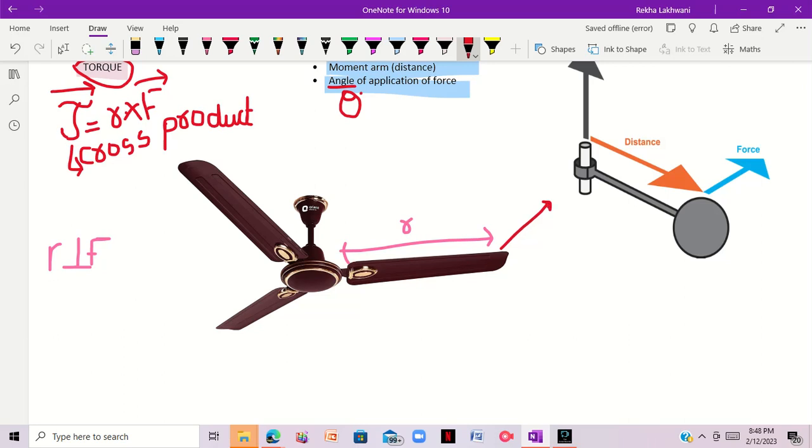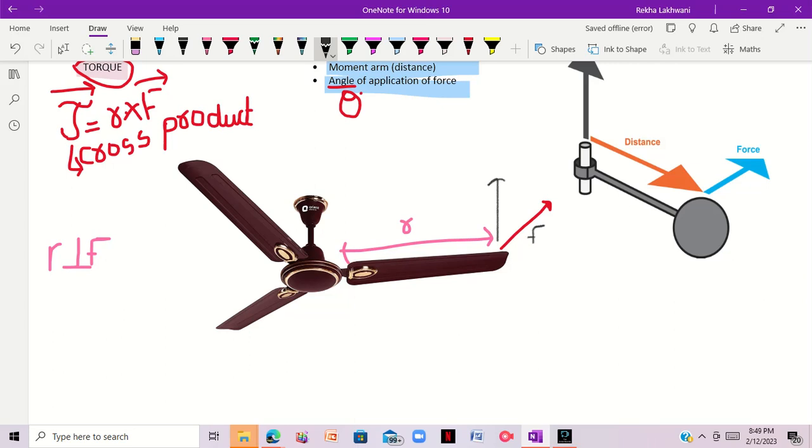If I apply the force in a parallel direction, you have to imagine this in 3D, that straight force won't rotate this fan. It will actually try to detach it or lift it, but we don't want to lift this fan, we want to rotate it. So for that purpose we have to apply force in this direction.